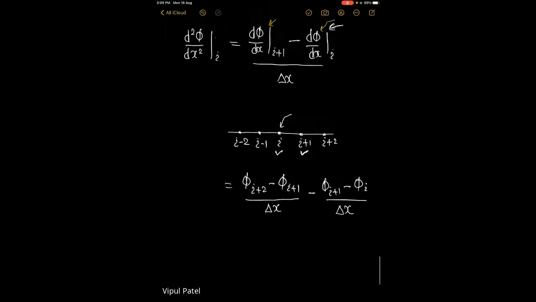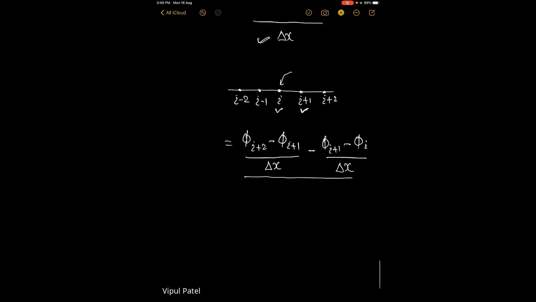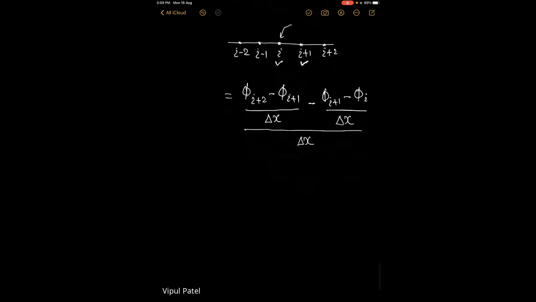So I have just replaced these two terms with this formulation, but I also have this delta x in the denominator, right? So that is what I am writing over here. So this is also delta x. So finally, if I simplify this equation, then my d square phi by dx square at any I can be written as phi I plus 2 minus phi I plus 1, and this phi I plus 1 will be clubbed together.